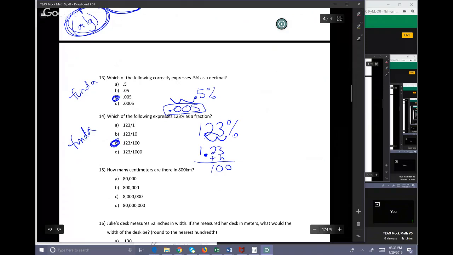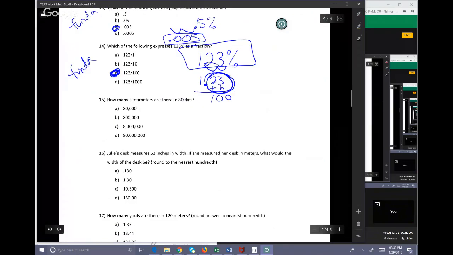So we're going to have 123 over 100. The decimal part of the number is the only thing that qualifies for that. And if you're not careful going from percent to decimal, you may be playing from a wrong place to begin with. How many centimeters are there in 800 kilometers is number 15.